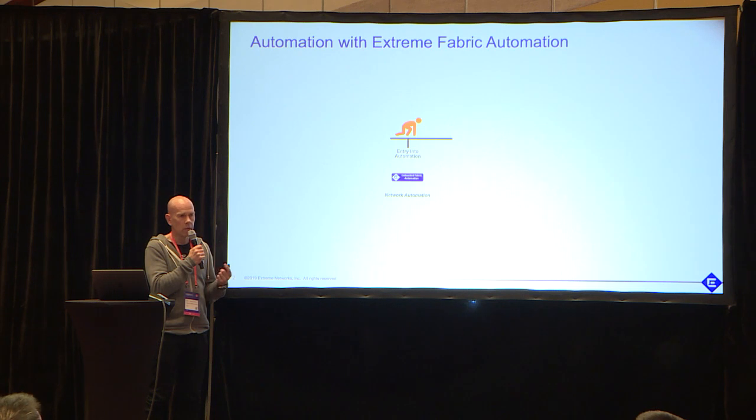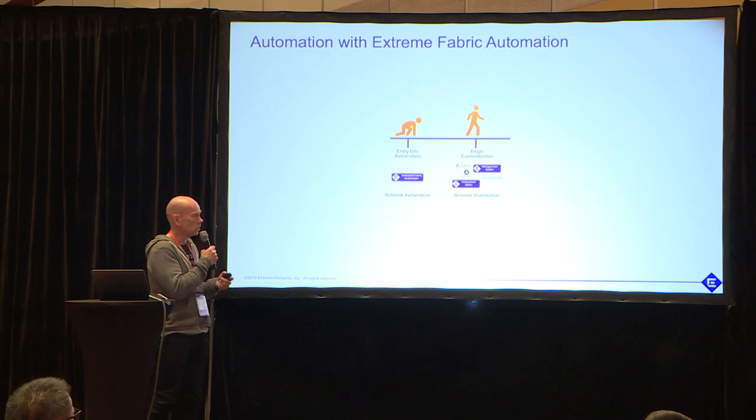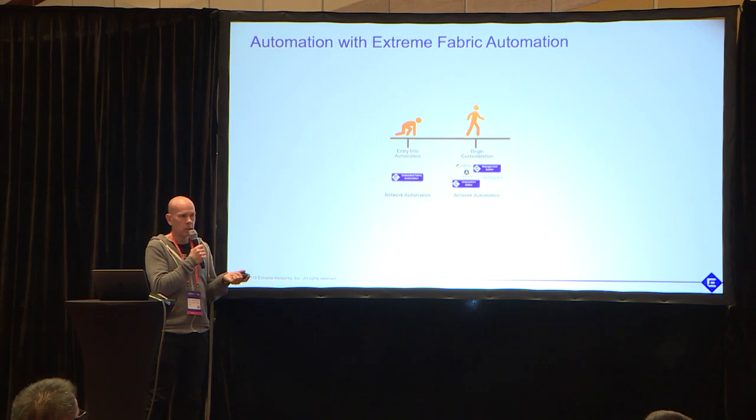So truly the introduction to automation. The next phase is more comprehensive automation, where you start to use your Python scripts, your Ansible playbooks, things like that. All of these are still network automation.